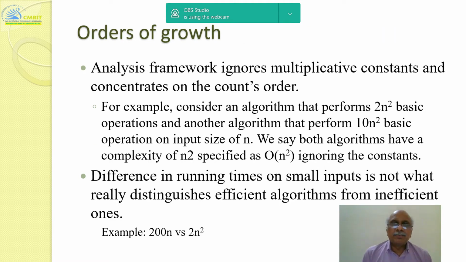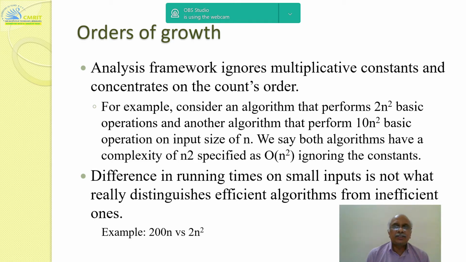And since we are making that simplification, the analysis framework often ignores the multiplicative constants. Let's take this example. Let's say there are two algorithms. The first one performs 2 multiplied by n square basic operations, and the second algorithm performs 10 multiplied by n square basic operations. If these algorithms are sorting algorithms, it's possible that the inner loop of the first algorithm has two operations, and the inner loop of the second algorithm has 10 operations.